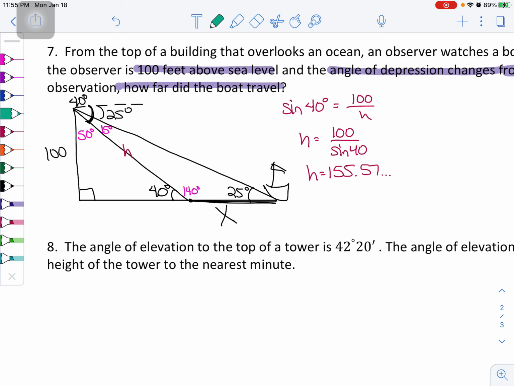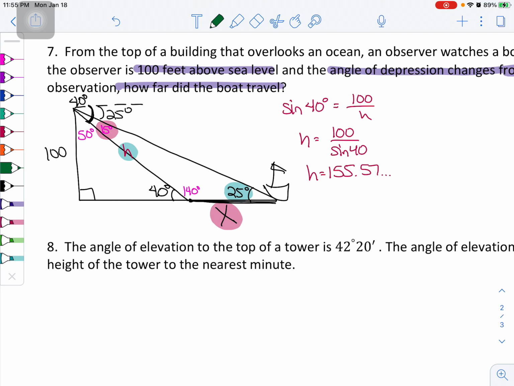Now that I know H, I'm going to use this hypotenuse, which is now just one of the sides of the triangle, and is opposite the 25-degree angle. And X down here is opposite that 15-degree angle.